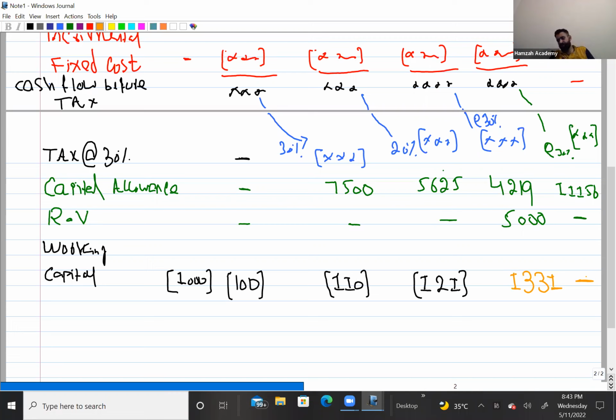This is the assumption, and we will use this assumption in our calculation. So 1000 was initially invested, then in every coming year there is an increase of 10% of the working capital. Then at the end, every dollar which we have invested in working capital, we will recover and take it as an inflow. You get it?